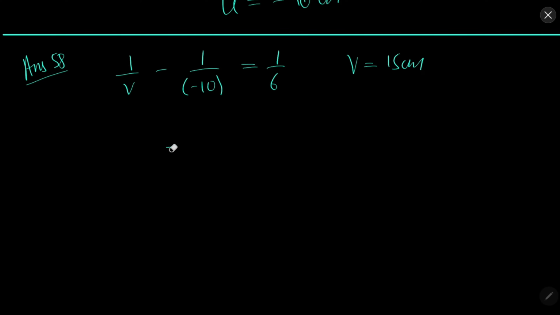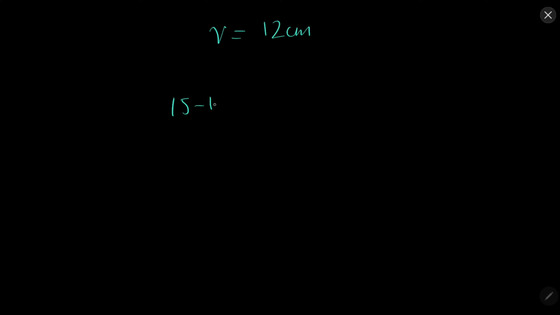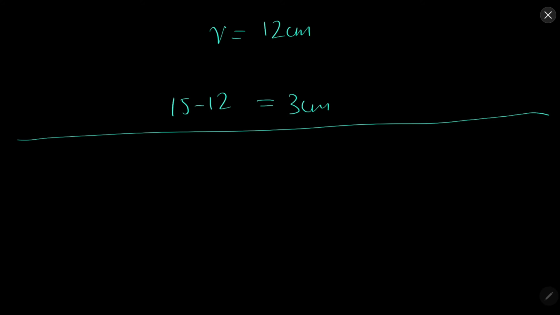Second scenario, 1 by v minus 1 by u, that is 1 by 12, 1 by 6. So v will be 12 centimeter. So ultimately 15 minus 12, that is 3 centimeter will be the size of image.